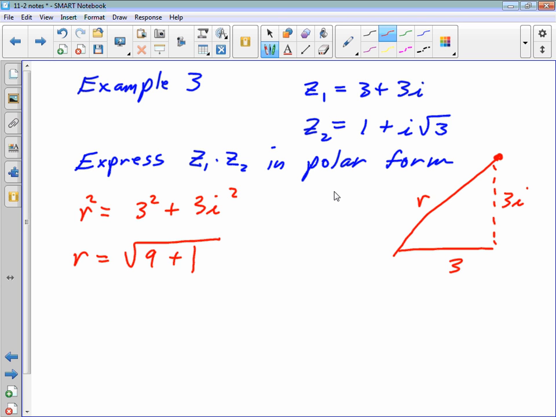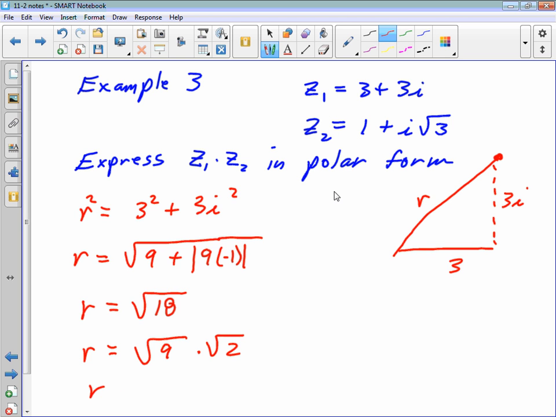So that would be 9 times negative 1. And so you get r equals the square root of 18, or r equals the square root of 9 times the square root of 2. So r equals 3 root 2. And that is the distance of our hypotenuse up here.